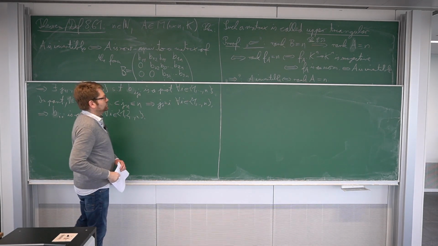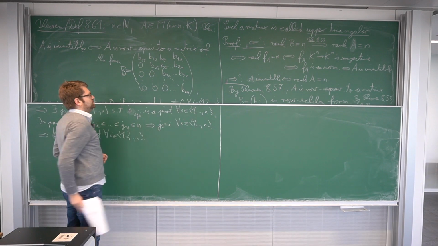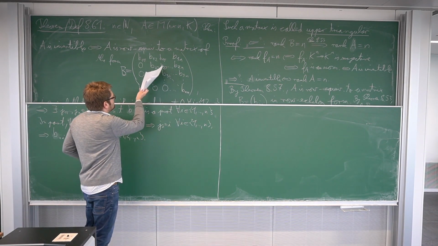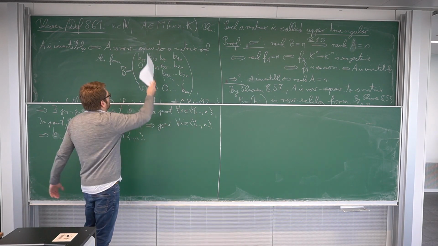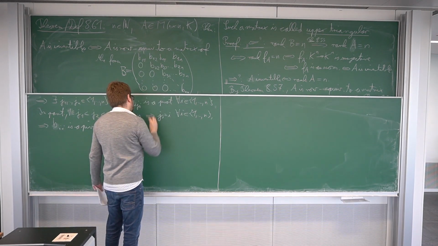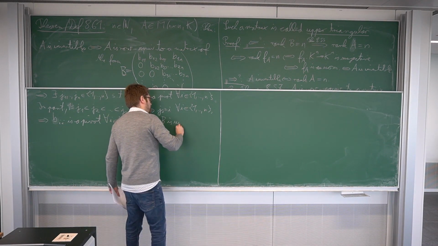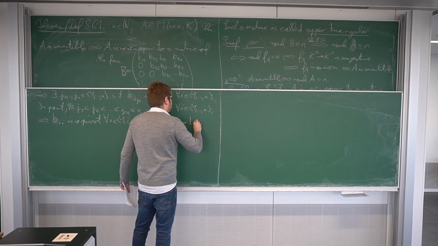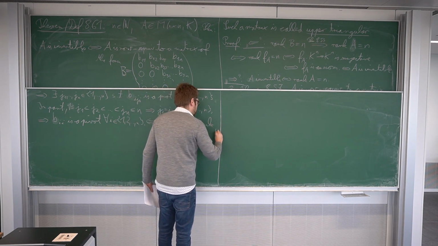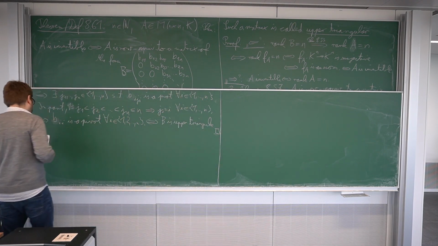And if you take a look at the definition of a pivot, this is precisely this form. It becomes upper triangular. This is a matrix in row echelon form where all the pivots are precisely the elements on the diagonal. So this means B is upper triangular. And this is what we wanted to show. So we got that.